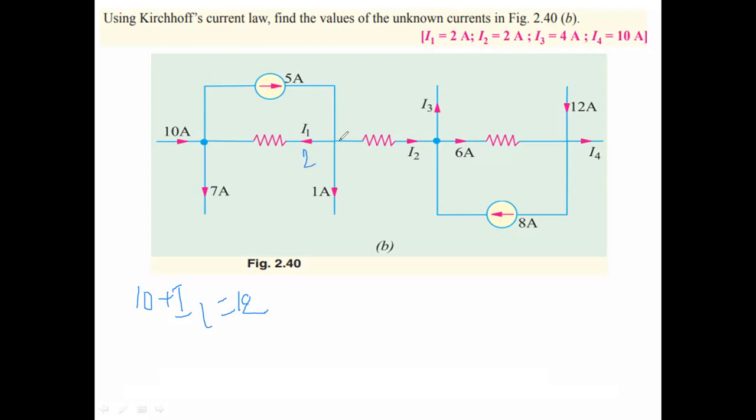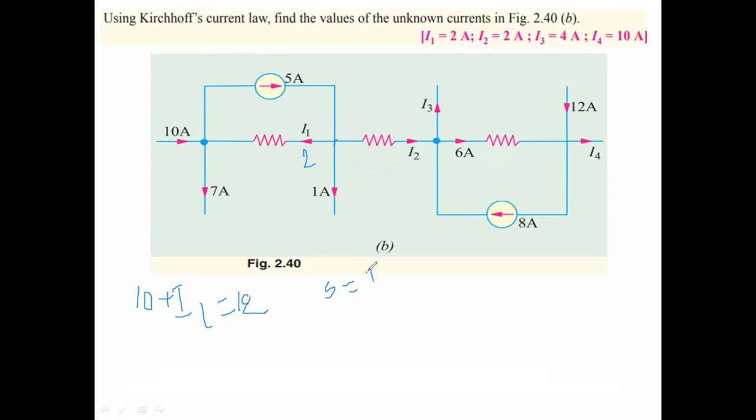For this junction, 5 amperes is incoming, 1 ampere is outgoing, I1 is also outgoing, I2 is also outgoing. So the incoming current 5 amperes is equal to I1, which is 2, plus 1, that is 3, plus I2.